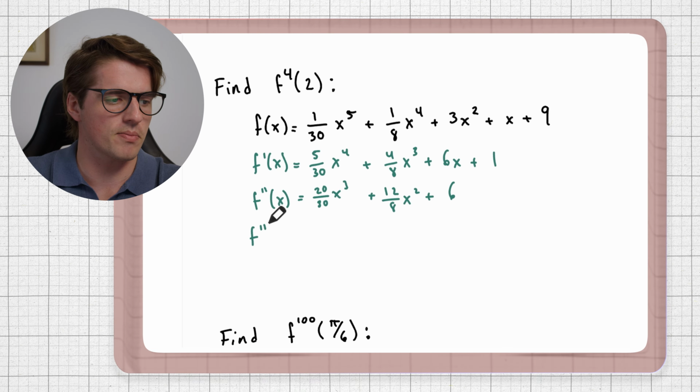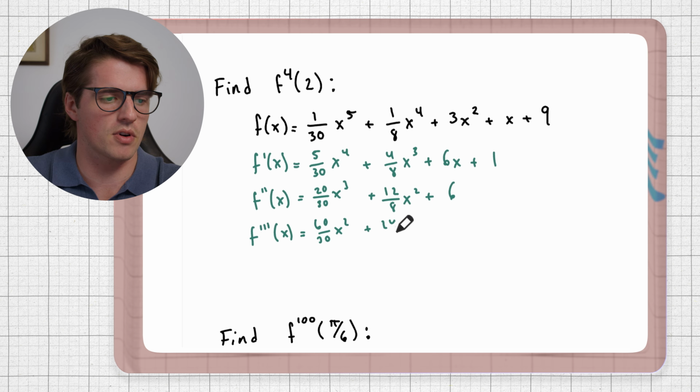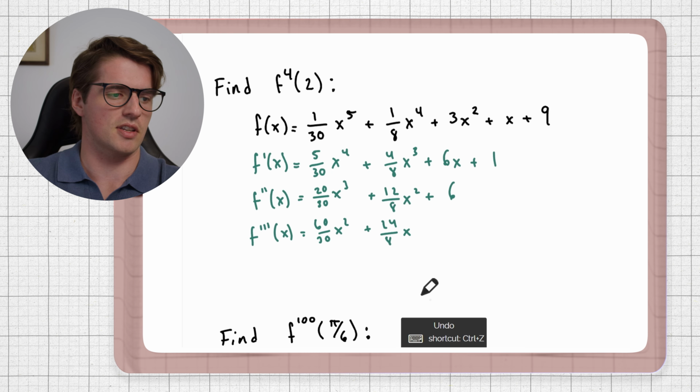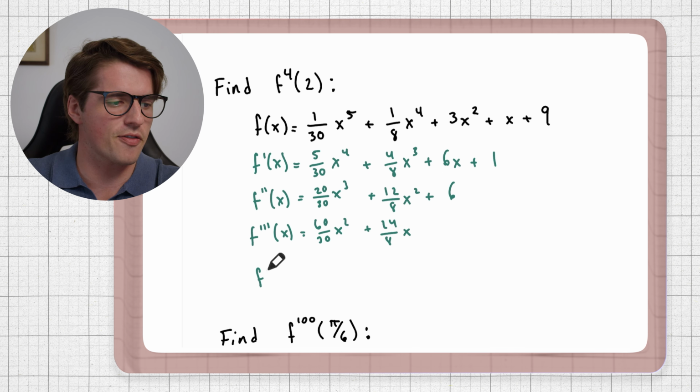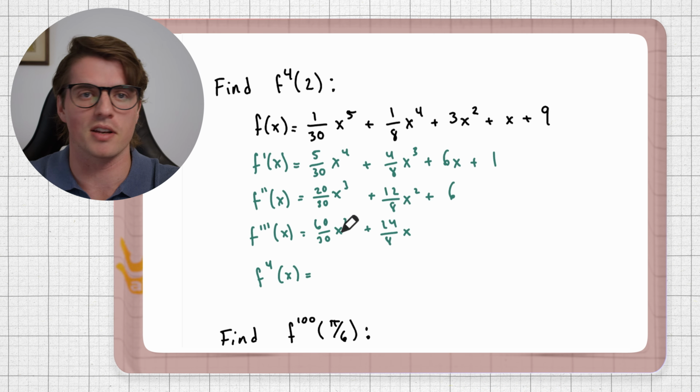f triple prime would be, bring down the 3, we would have 60 over 30 x squared plus 24 over 8 x plus nothing. 6 would go away. And f4, we would have, now I'm going to go ahead and simplify. 60 divided by 30 is 2.